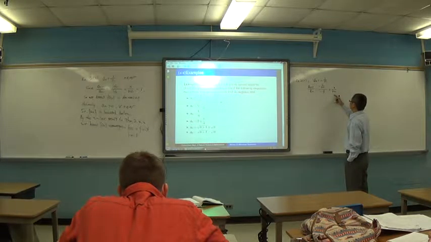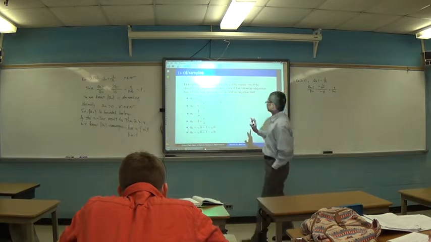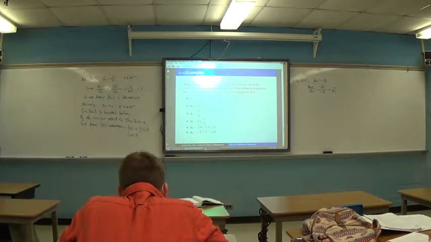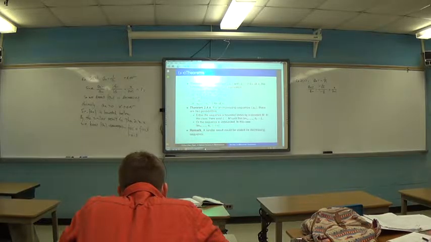Wait a minute. Let's look at the theory. For an increasing sequence a_n, what means increasing? Right here, this means only when a_n is greater than 0.